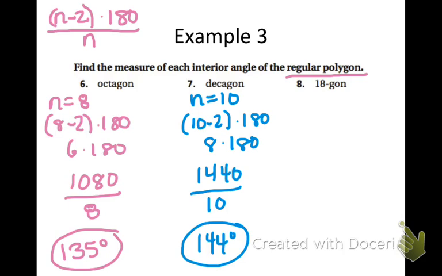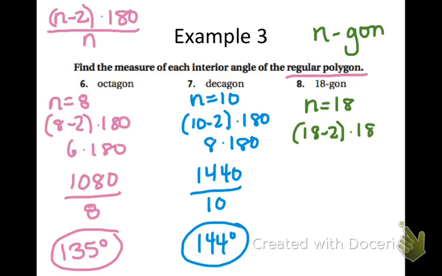In the last example here, an 18-gon. This is where we start talking about where we don't have special names for it. So we generalize it and we call it an n-gon, where n stands for the number of sides. So by looking at this name, we know that n is 18. So you can substitute that in. 18 minus 2 times 180.